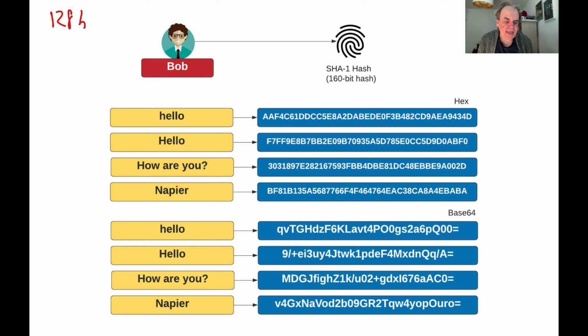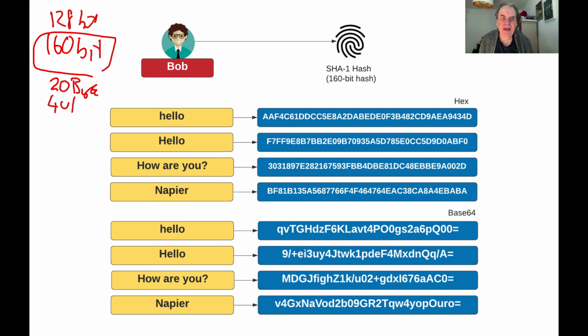So that was 128 bit, and really isn't long enough for current modern standards. An improvement on this is SHA-1, and SHA-1 has 160 bits as a hash, and that's 20 bytes or 40 hex characters. This gives us a longer hash, so there's less opportunity to create a collision, because there is an increased number of hash values.